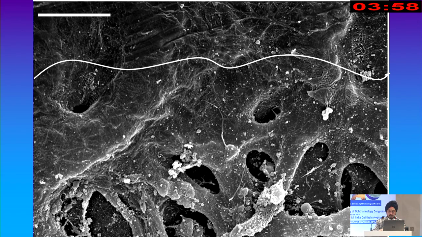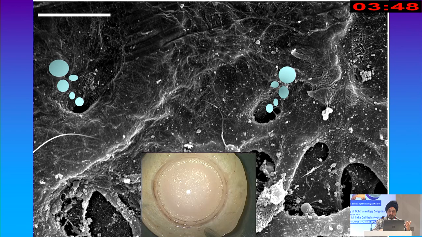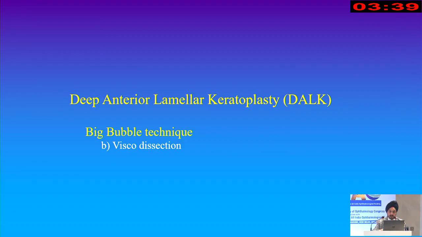You can see if the Descemet's is attached there, air will escape from the fenestrations and go into the anterior chamber in a type 1 bubble. But if the Descemet's is attached here, it will collect anterior to the Descemet's membrane and cause a type 2 bubble. So it explains why sometimes you get one type of bubble and sometimes the other.